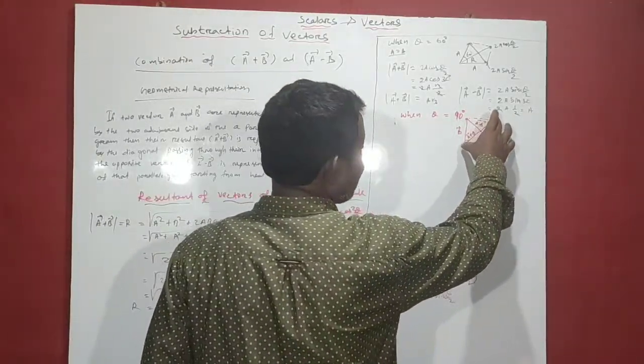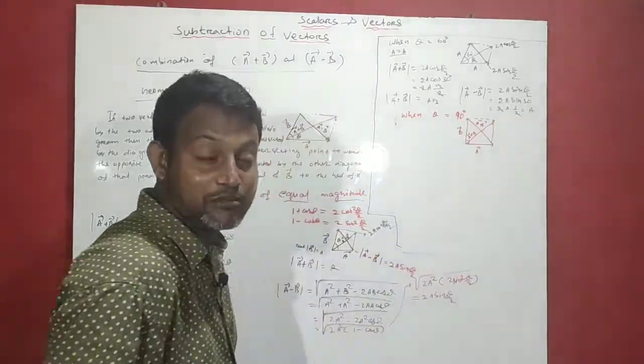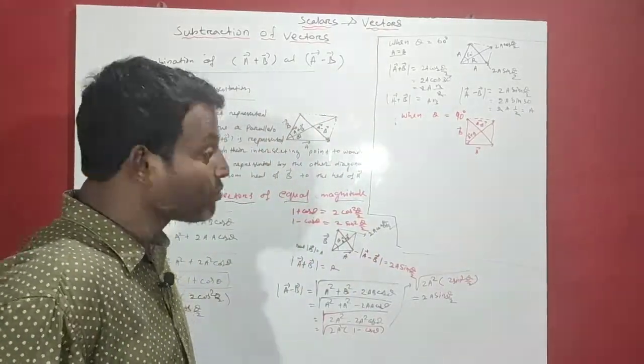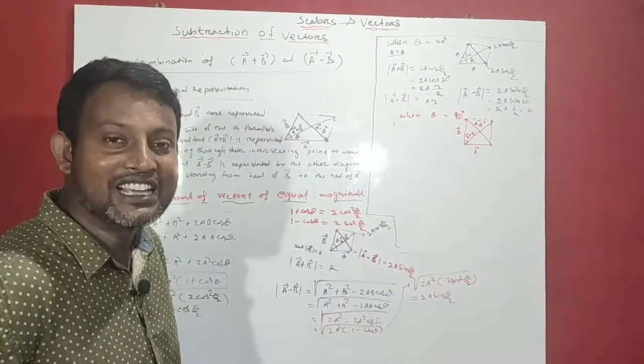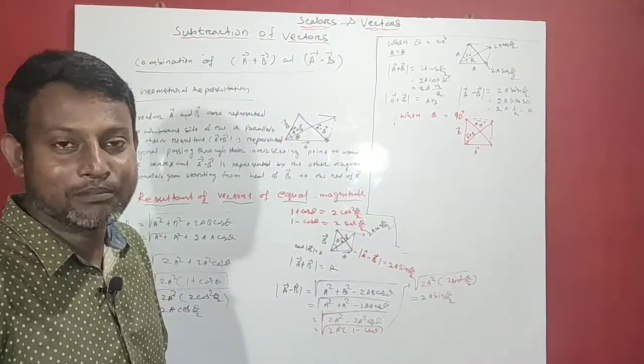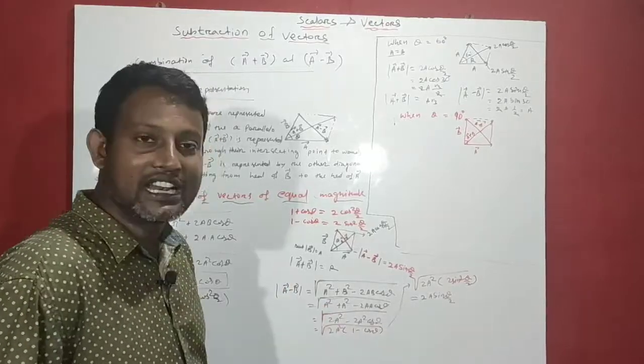So both diagonals of the square are equal. So A plus B and A difference B are also equal.